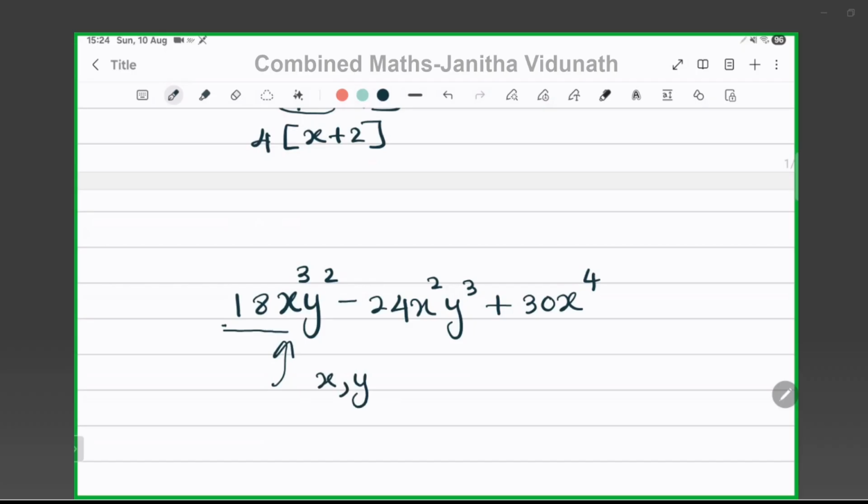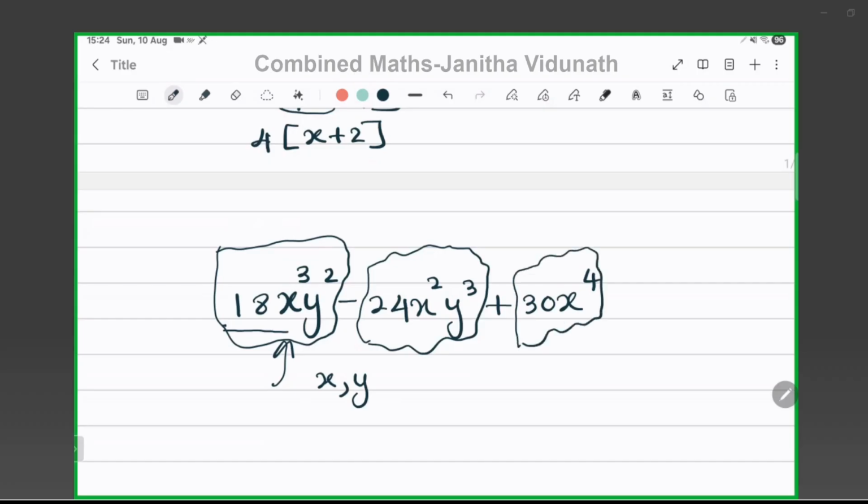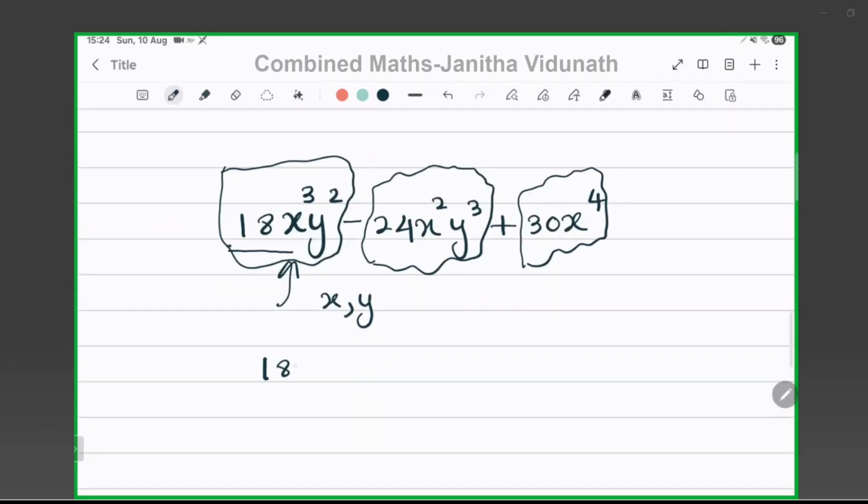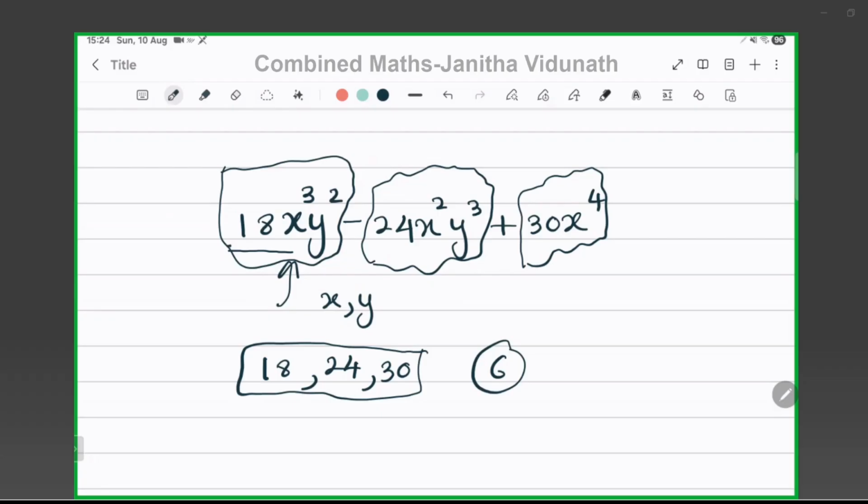Now we have to look at each term separately and try to identify the common factors of these expressions. Here we need to get the greatest common factor from all the separate terms. When we consider 18, 24, 30, we know that 6 is the greatest common factor of all three.